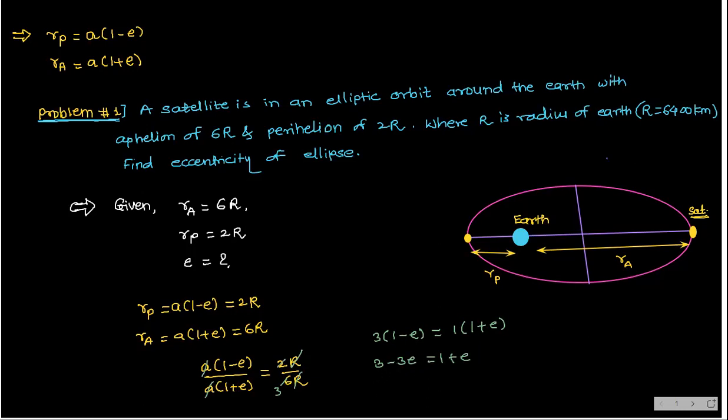So 3 minus 1 is equal to E plus 3E. Therefore 2 is equal to 4E, and E is equal to 2 by 4. So eccentricity is 1 by 2, which is equal to 0.5. Understood?